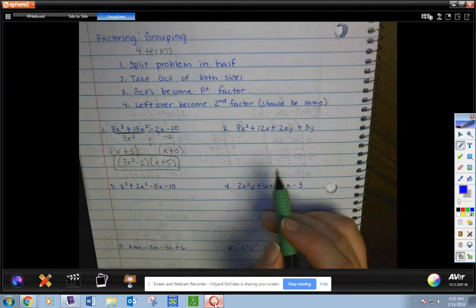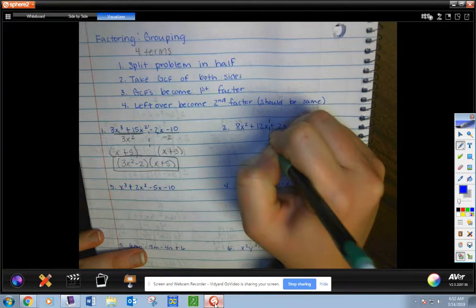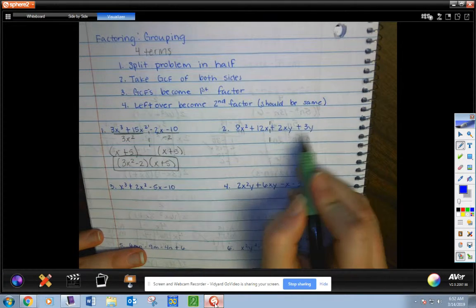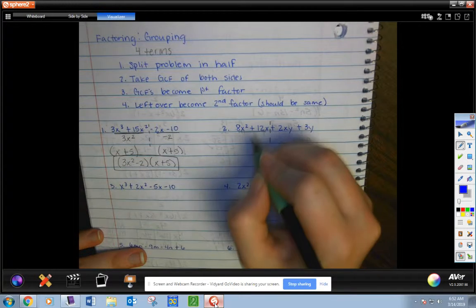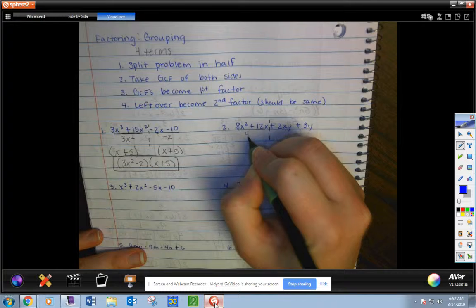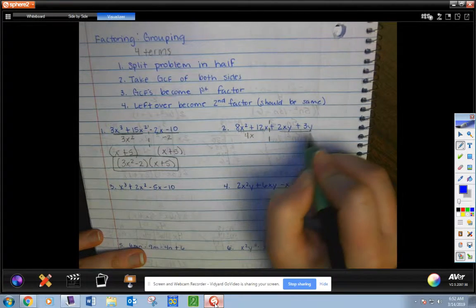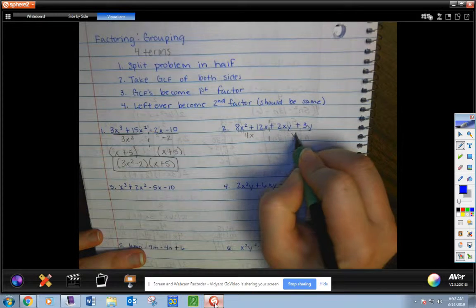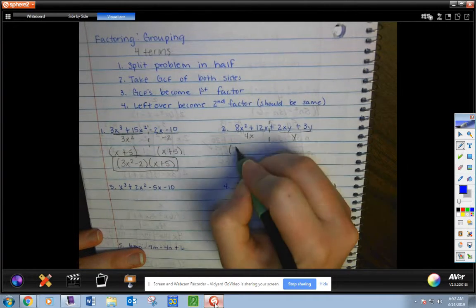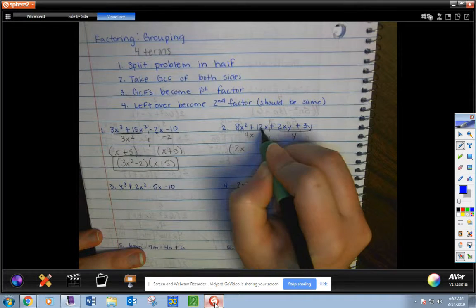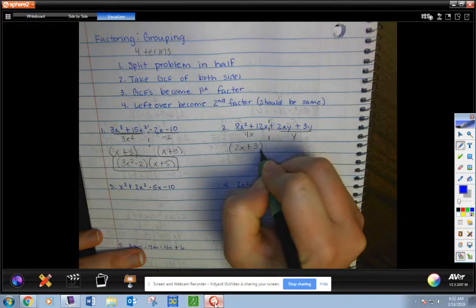Okay, for number 2, 8x squared plus 12x, splitting the problem in half. 2xy and 3y. Over here on the left side, I can pull out 4 can come out of both of those, and an x can come out of both of those. Over here, 2xy and 3y, all I can pull out is y. Okay, when I divide by 4x, that gives me 2x, and 12x divided by 4x gives me 3.